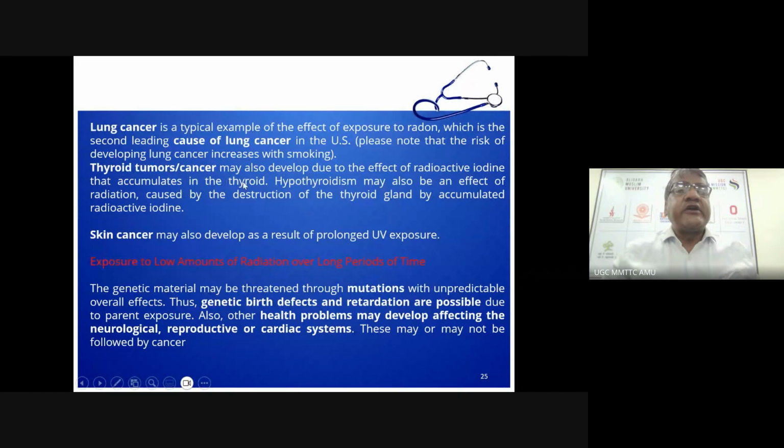Now, second is thyroid tumors. Thyroid gland होती है neck में, उसके tumors होते हैं, उसके cancer होते हैं, may also develop due to the effect of the radioactive iodine that accumulates in the thyroid.